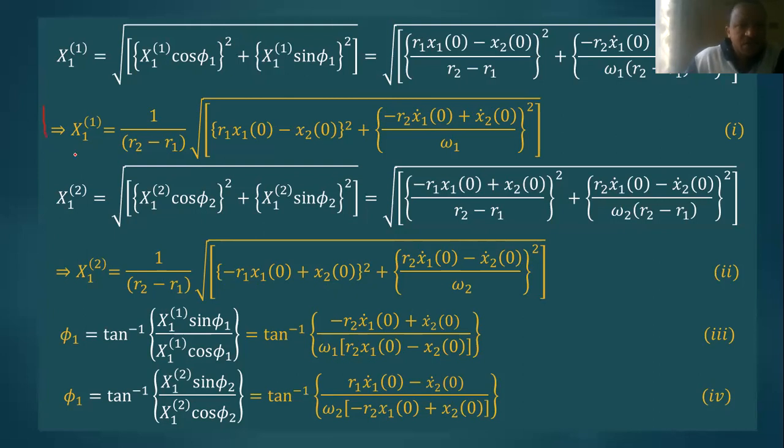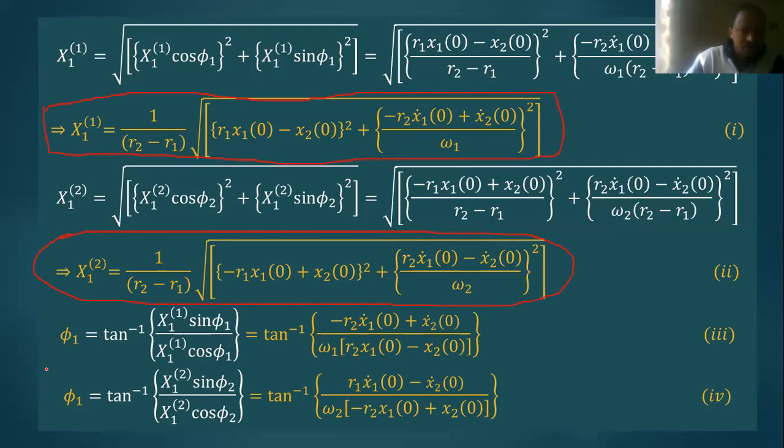This is one of our constants, which is easily determined from the initial conditions. In the second case also, for x1 of 2, we can follow the same procedure. This is x1 of 2.